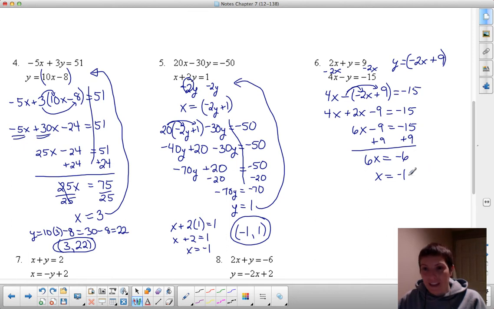Remember, if I get an x equal to a number or a y equal to a number, I always have to go back up to any of the places that have both an x and a y. Doesn't matter which one. Pick the easy one.